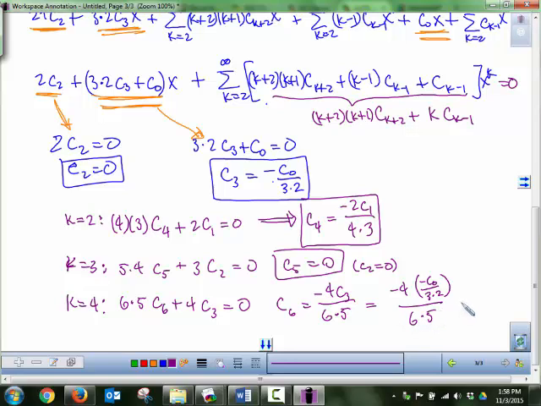It's not quite the, what do you call it, factorial. In fact, it's kind of messing us up a little bit. But this is a negative, negative, it's a positive. Let's say 4 c sub 0 divided by 6 times 5 times 3 times 2.